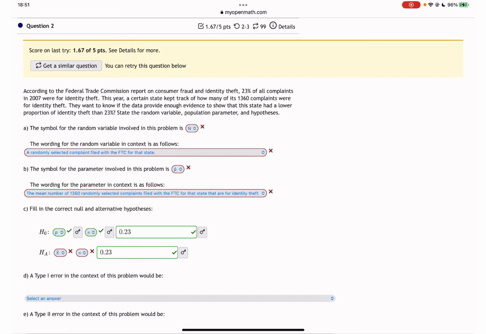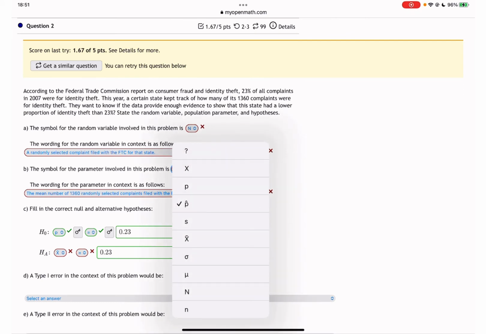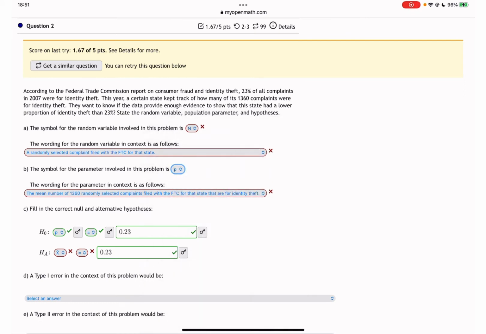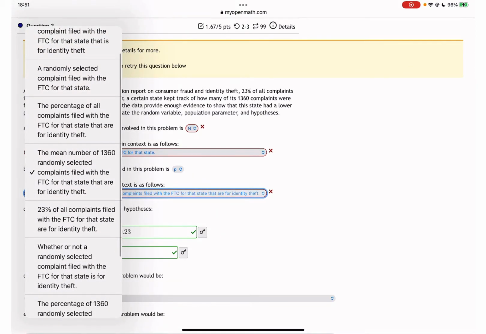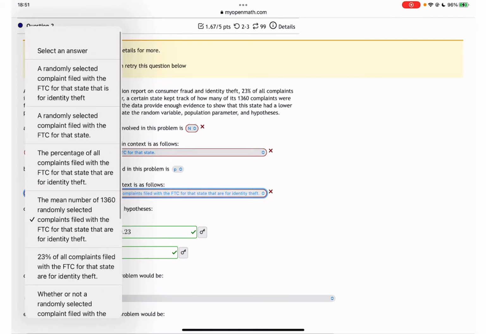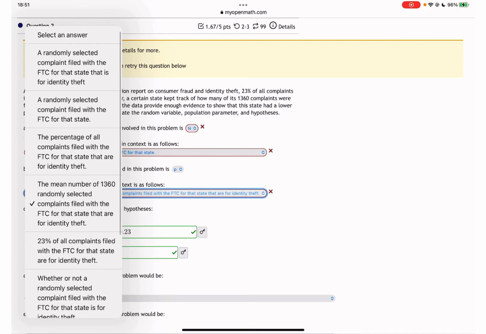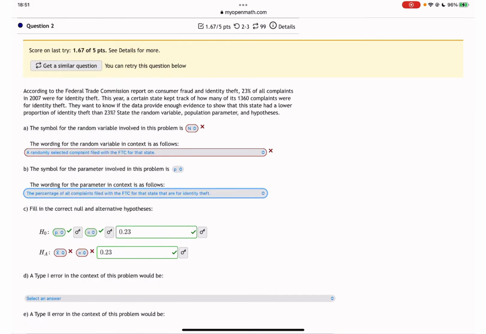What is this? Symbol for the parameter. Oh, parameter is P. How did it get P hat? Okay. And the wording is the percentage of all complaints. Where is it? Of all complaints. I don't understand. It's slipping from different ones. I chose percentage of all complaints. Okay, let me check.